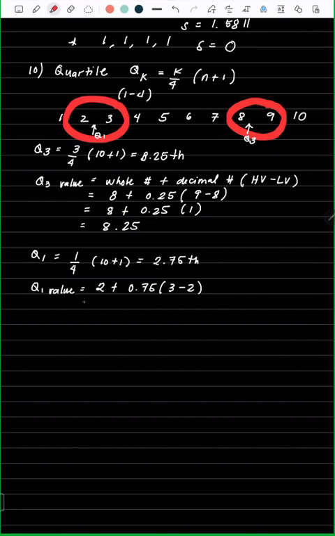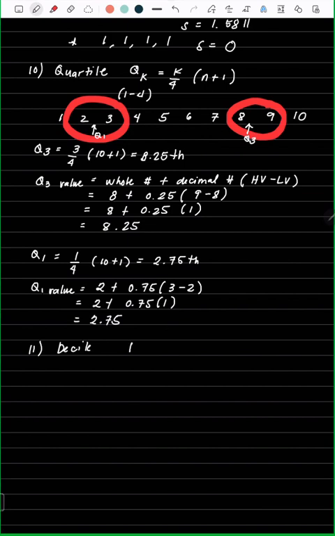To determine the Q1 value, following the formula, that would be 2 plus 0.75, 3 minus 2. Again, why 3 minus 2? It's because of this. So that would be 2 plus 0.75 multiplied to 1, which is again 2.75.